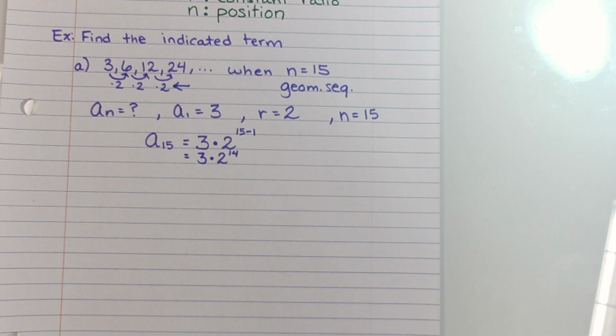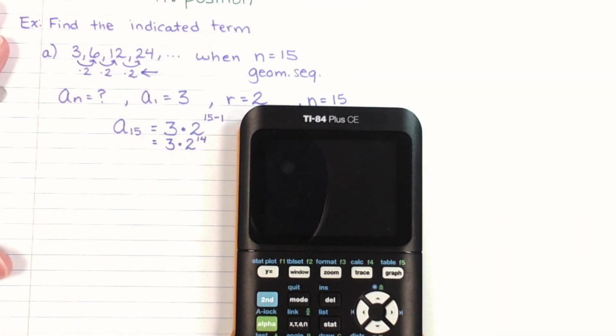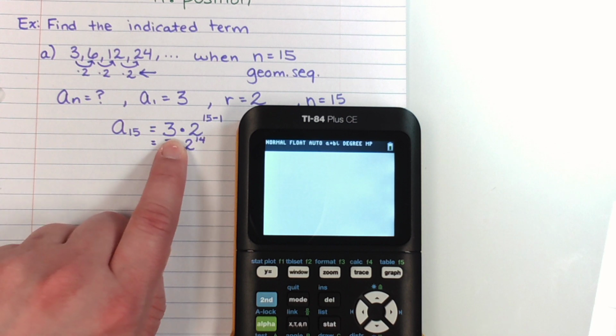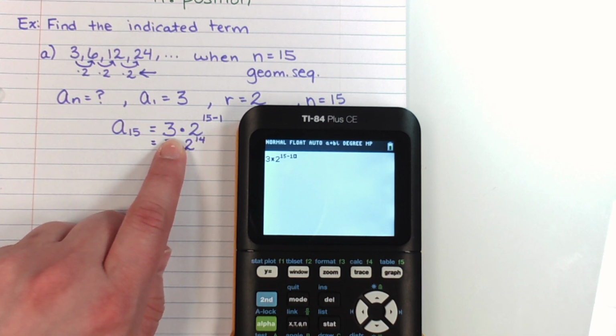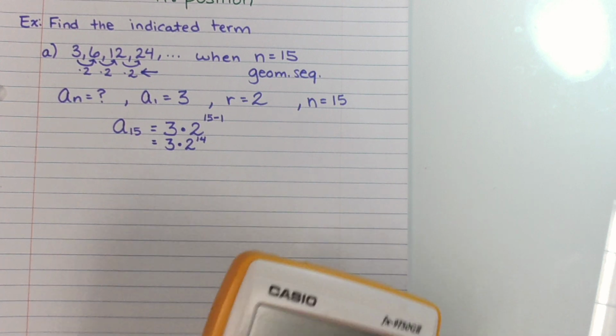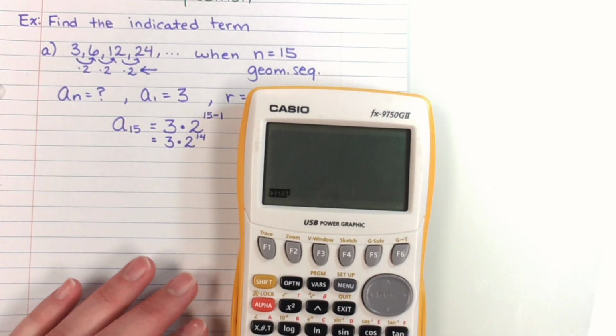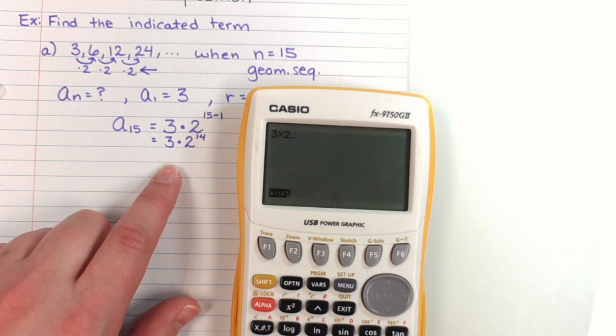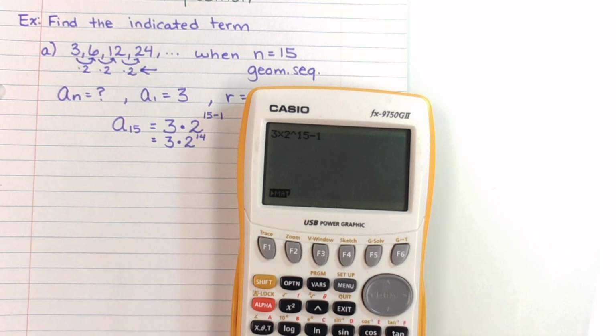If I typed this in as originally written, 3 times 2 to the power of 15 minus 1, this calculator's fancy and holds it up into the exponent. But on a less fancy one, it would have put it to the power of 15 and then subtracted 1 from the entire thing.